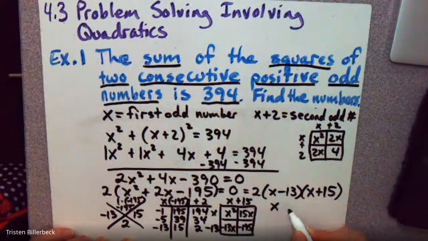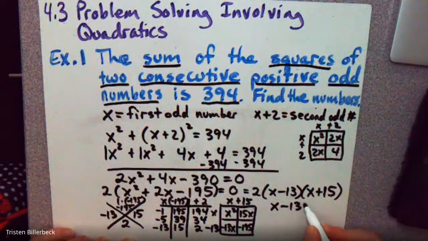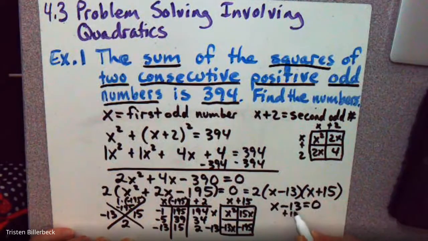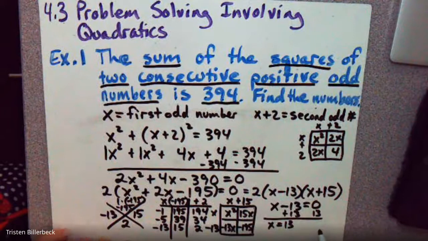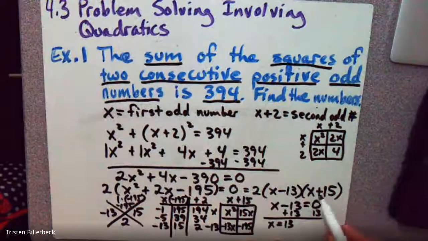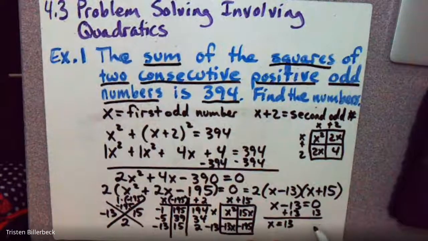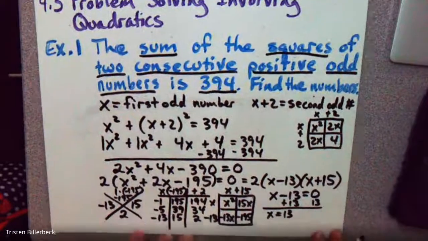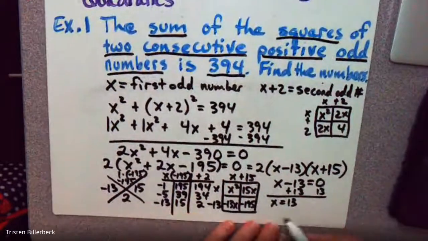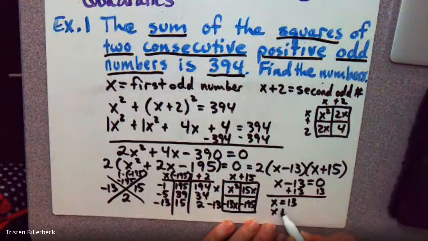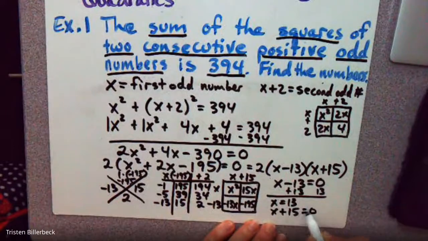Now we're going to use the property that one of these has to equal 0 if the product equals 0. So we use the additive inverse, and we see that x equals 13. If we did that with this other one, we have x plus 15 equals 0, we'd have a negative number.